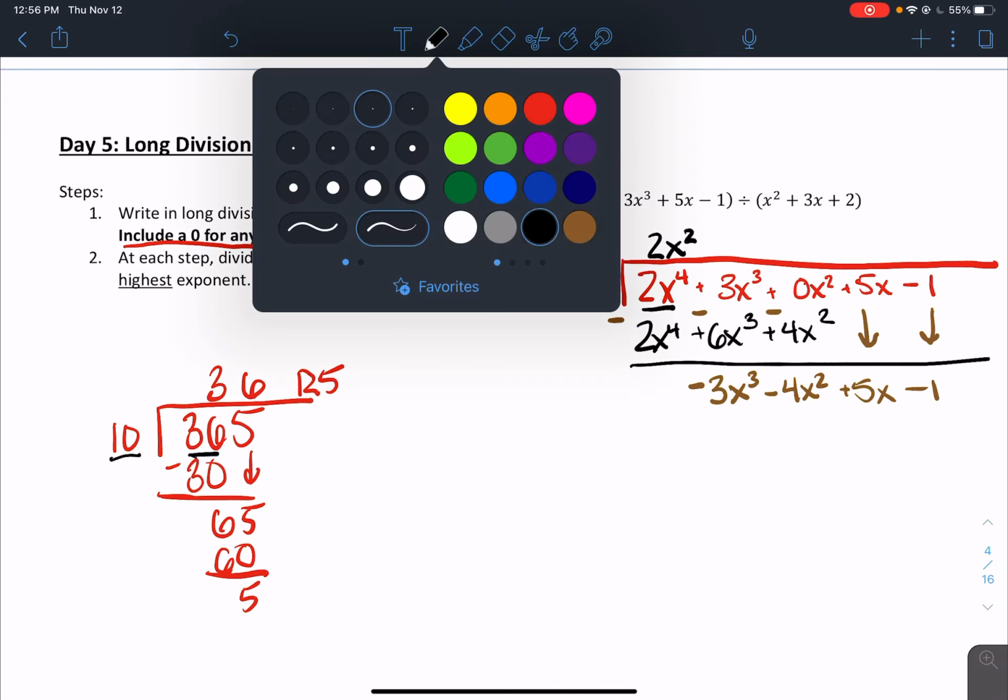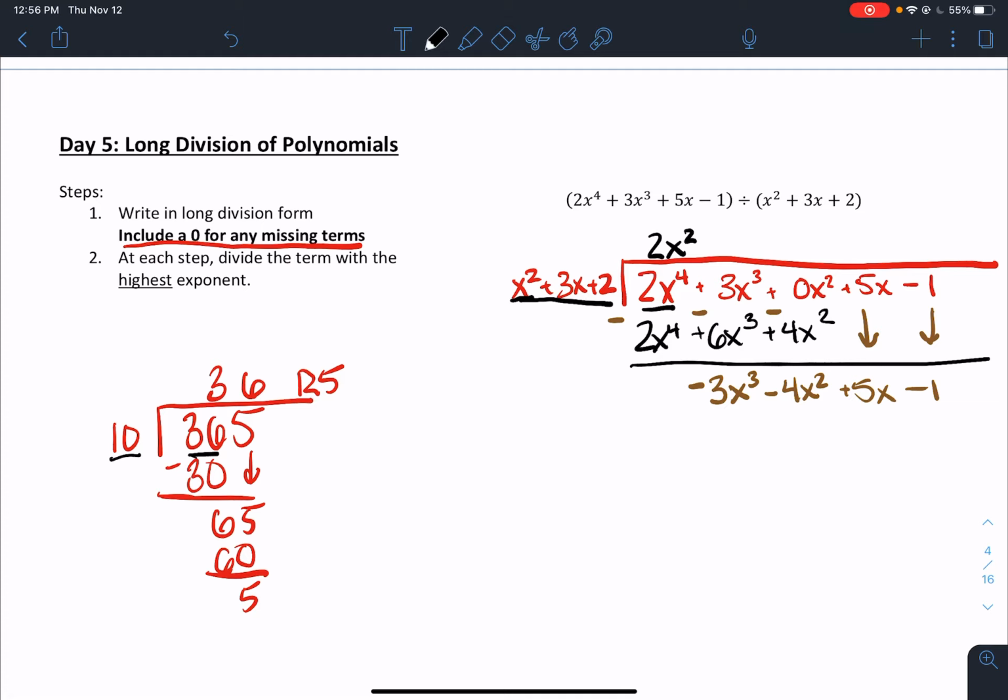Okay, now I do the whole thing over again, just like when I said, how many times does 10 go into 65? I'm going to do the same thing here. How many times does x squared go into negative 3x cubed? Well, negative 3x times, because I need to multiply it by negative 3, and I need 1 more x. So I'm going to have negative 3x cubed minus 9x squared minus 6x.